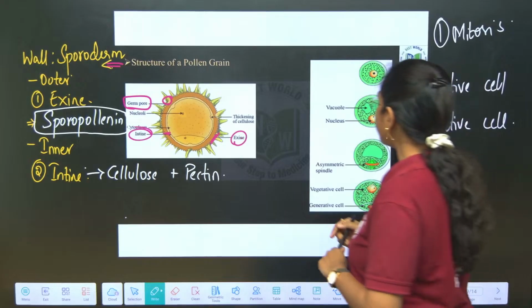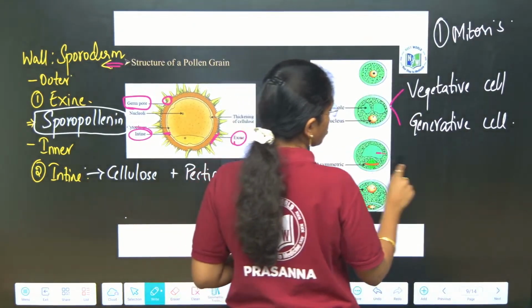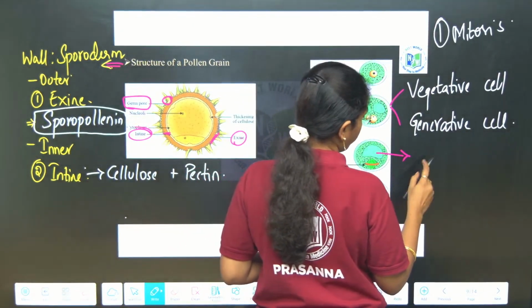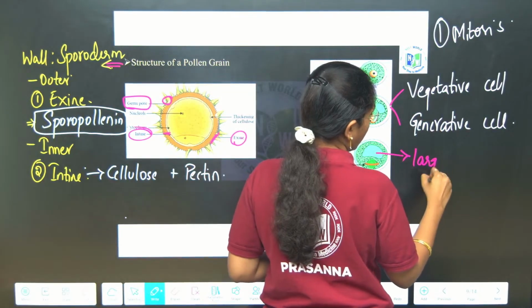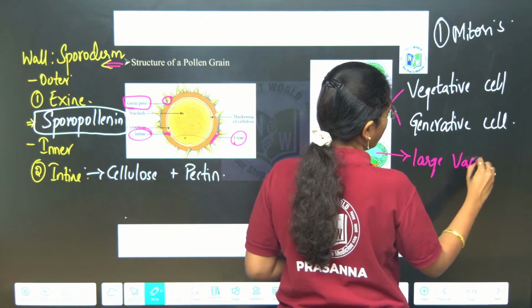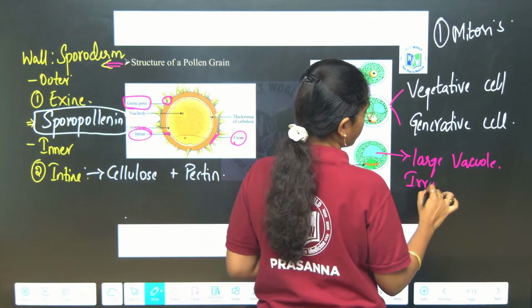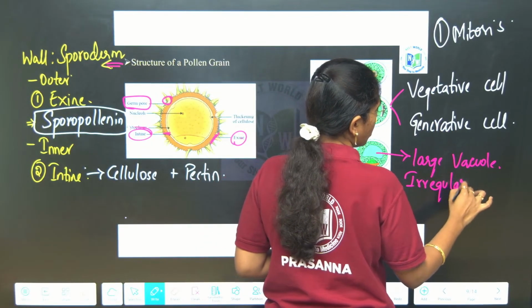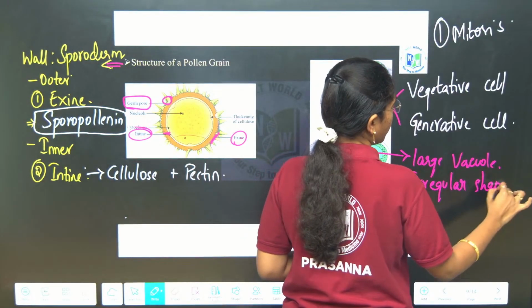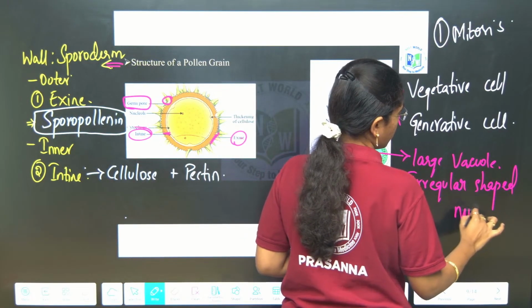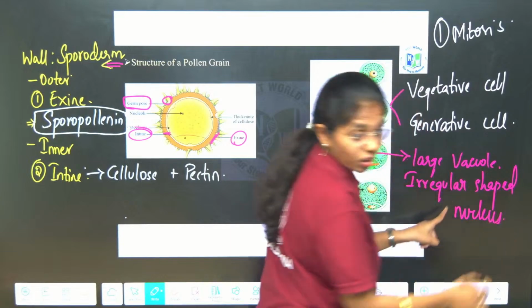The vegetative cell consists of a large vacuole and an irregular shaped nucleus. This is visible, no? Yeah.